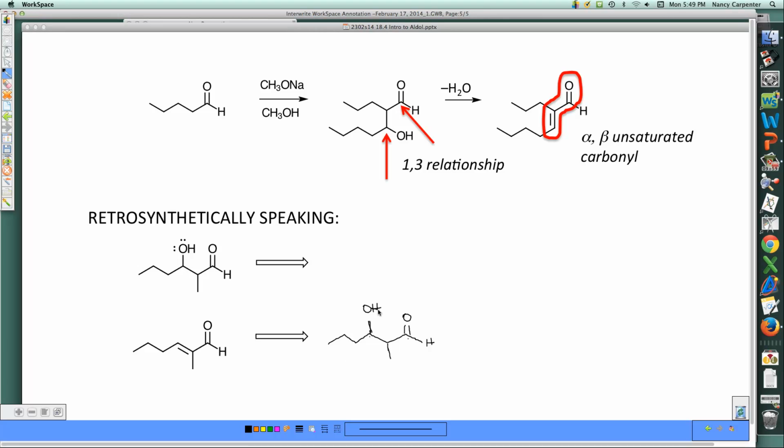Once I've drawn this up, then again I play that game of pushing the lone pair from oxygen back down to make a carbonyl. That gives me the aldehyde, my electrophile, and the enolate nucleophile. Easy as pie.